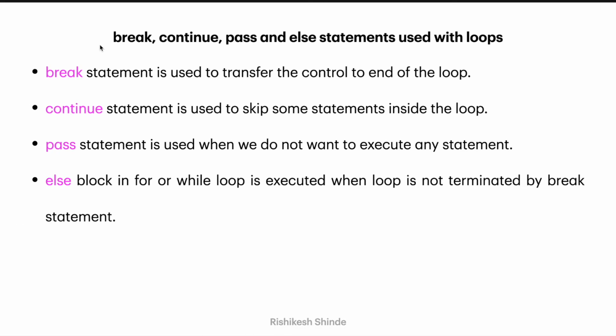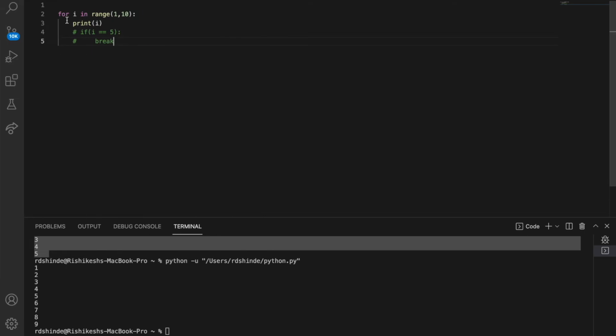Then the next one is the continue statement. It is used to skip some statements that we don't want to execute. For example, in the same for loop example, we are just printing the value of I, but I'm adding an if condition: if the value of I is greater than 5 and less than 7.